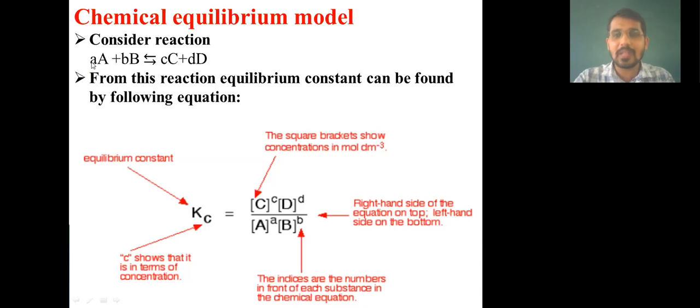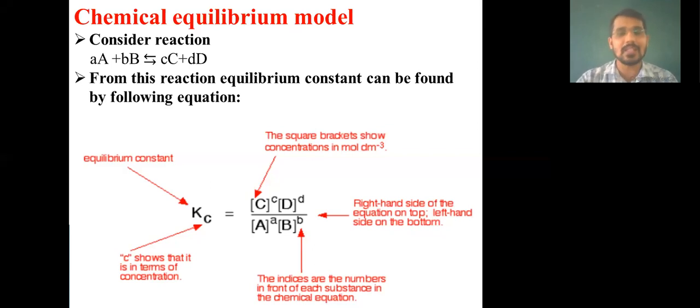Small a is the stoichiometric coefficient of reactant A. Small b is the stoichiometric coefficient of reactant B. Small c is the stoichiometric coefficient of product C, and small d is the stoichiometric coefficient of product D. In this reaction, we can say the reaction is in equilibrium condition, meaning the rate of the forward reaction is equal to the rate of the backward reaction.